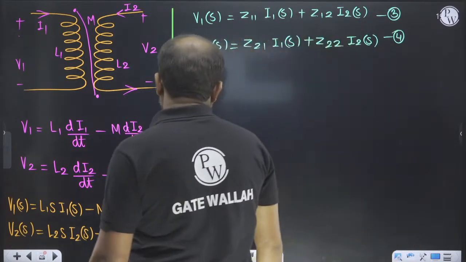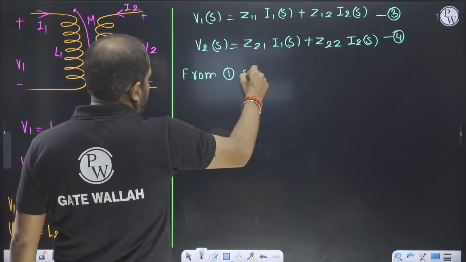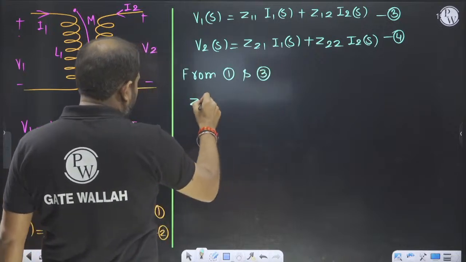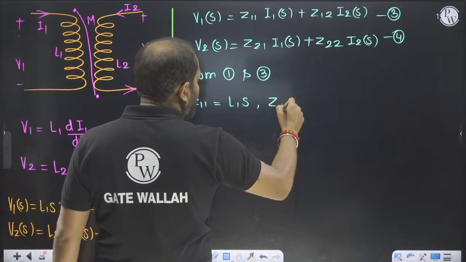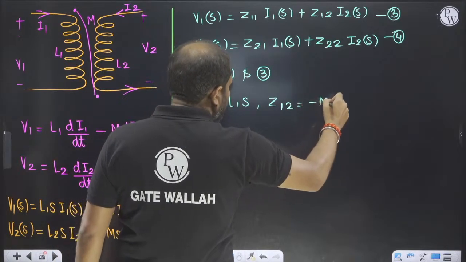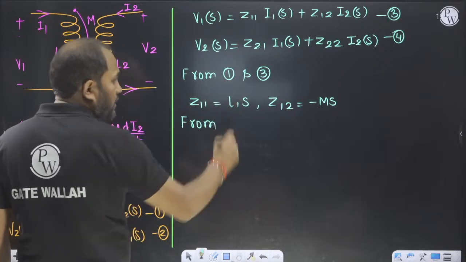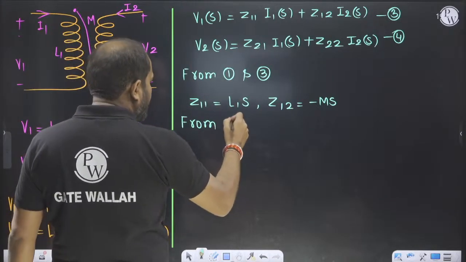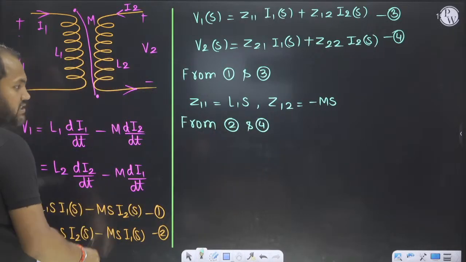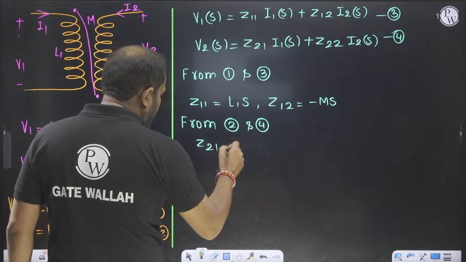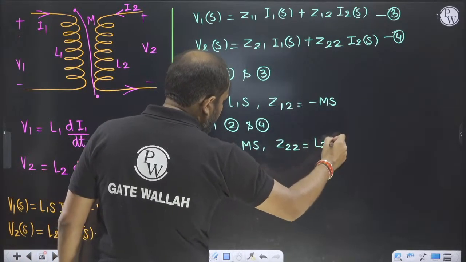From the first and third, Z11 is equal to L1 s and Z12 is equal to minus M s. From the second and fourth, Z21 is equal to minus M s, and Z22 is equal to L2 s.